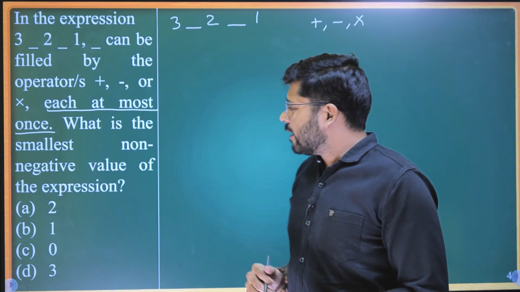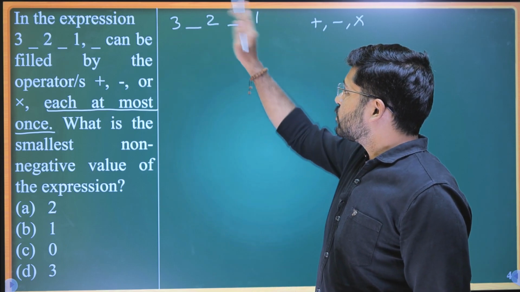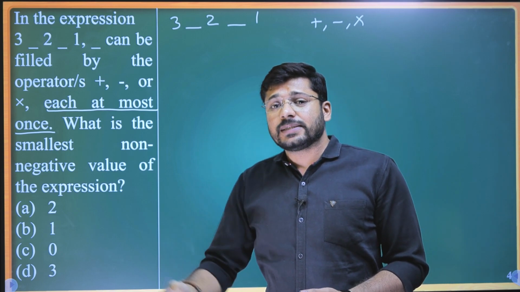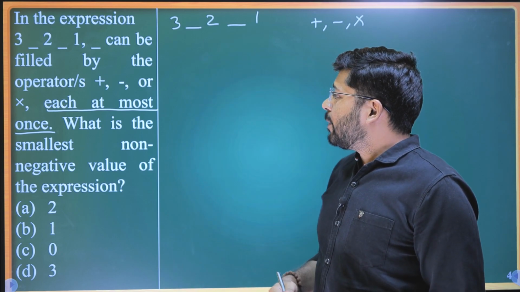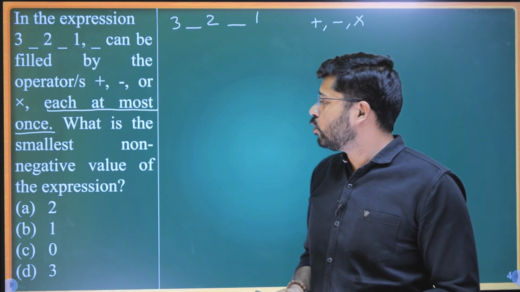So here it would be too many combinations, right? It can be plus, minus, minus, plus, into divided by, into plus, into minus, minus into, plus into. So there might be totally 6 possibilities, right? So how do we do this one?